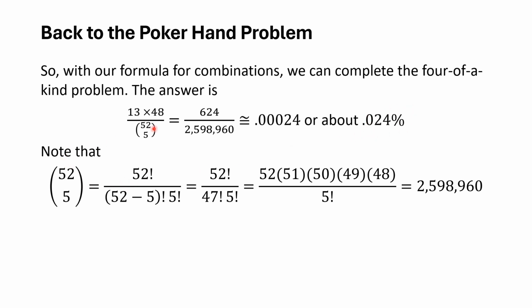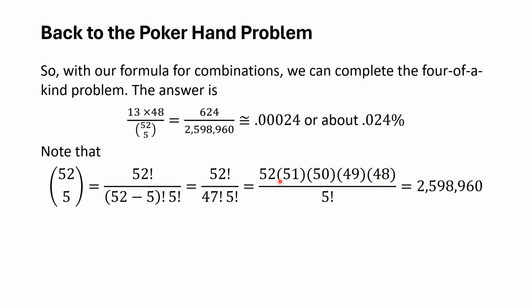And I'm just writing out the formula here. So 52 choose 5 is 52 factorial over 52 minus 5 factorial times 5 factorial, and this of course is 47. And then the 47 and the 52 factorial mostly cancel, and you're just left with 48, 49, 50, 51, and 52. In fact, you could do this just on a calculator.